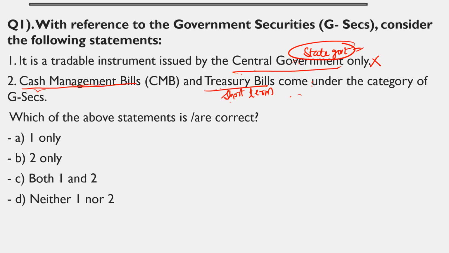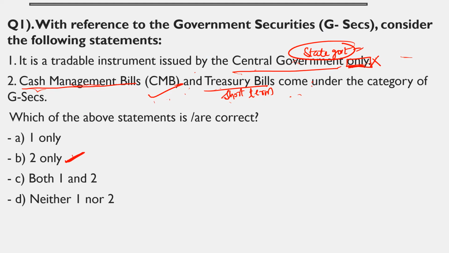The first statement was wrong because it cannot be issued by the central government only. The word 'only' is wrong, otherwise the statement would have been right. So the second statement is right, the first statement is wrong, and the answer will be only two.